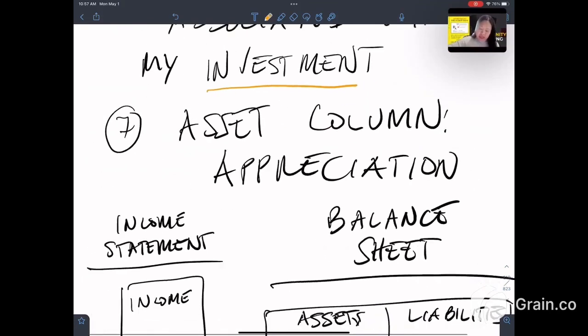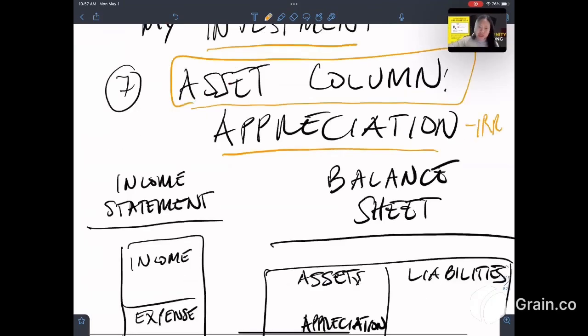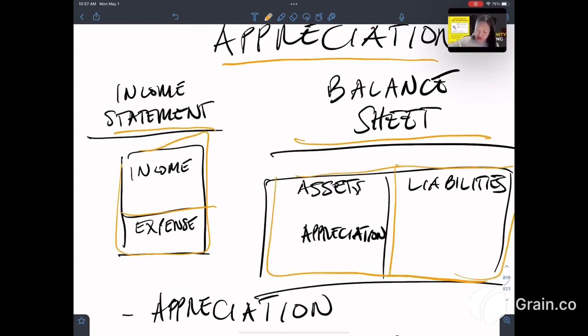Seventh lesson. Now we're talking about the asset column. So when we talk of internal rate of return, we talk about appreciation. Again, income statement, you have the income and the expense. Balance sheet, you have your assets and your liabilities.